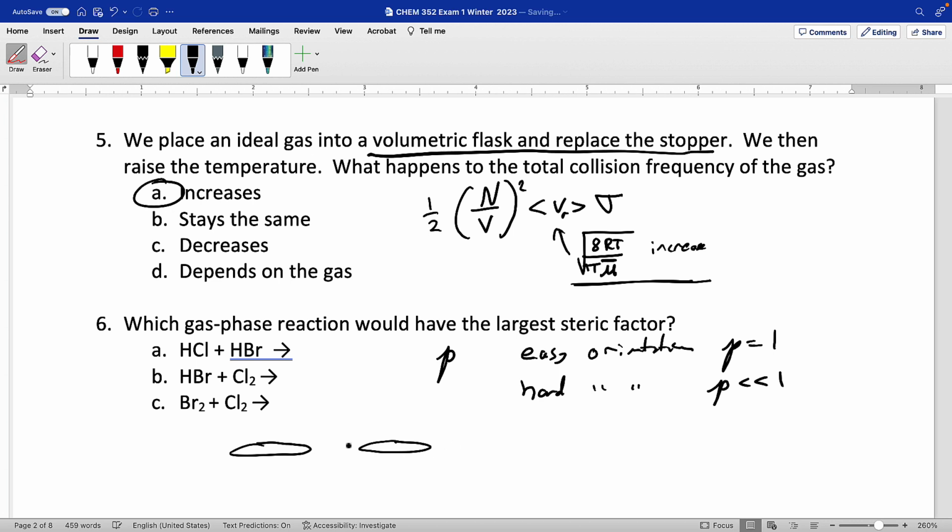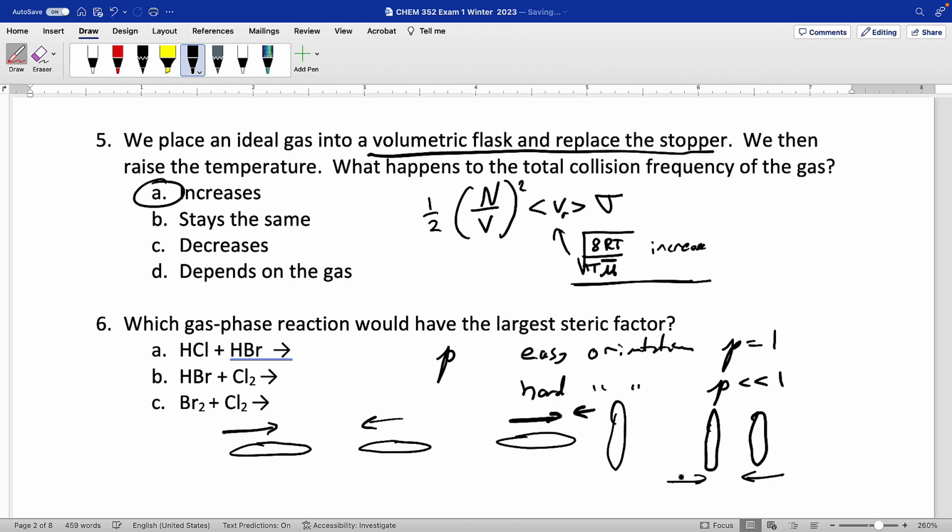And if we have a collision like this, that's not equivalent to a collision like this, or we can imagine them having a side-to-side collision. Okay, so depending upon the way bonds are formed or broken in a molecule, not all of these are going to be equally effective. Some might be totally ineffective.